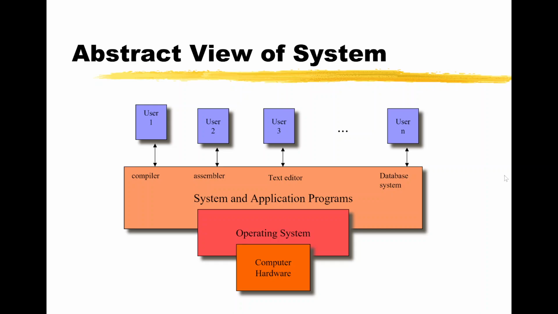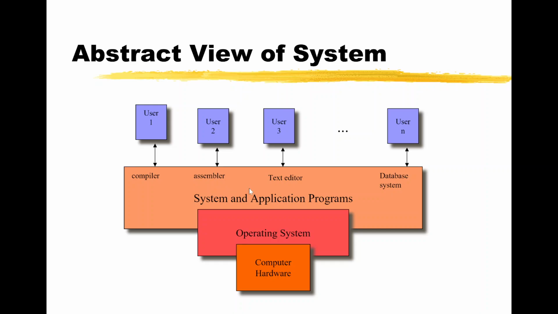Let's have an abstract view of a computer system. The way it works is that user one, user two, multiple users can have multiple applications. The applications talk through the system and application programs, such as the compiler that compiles the high-level language into a system program.